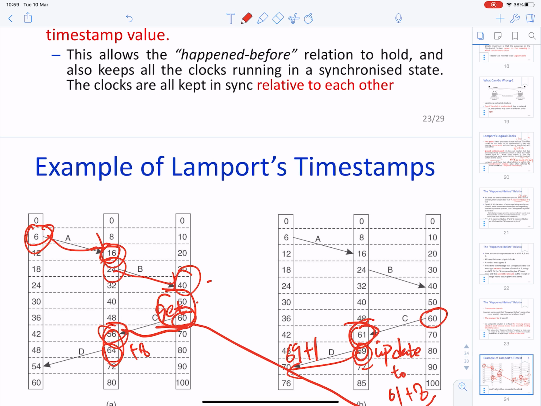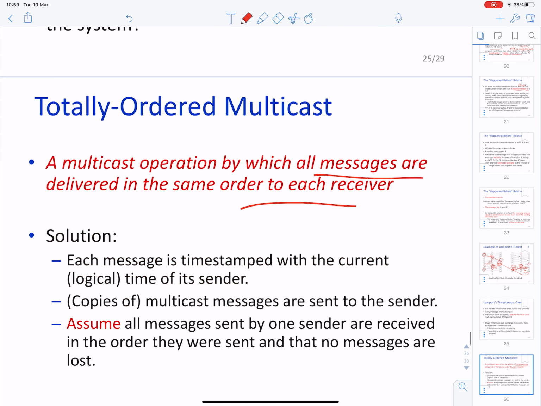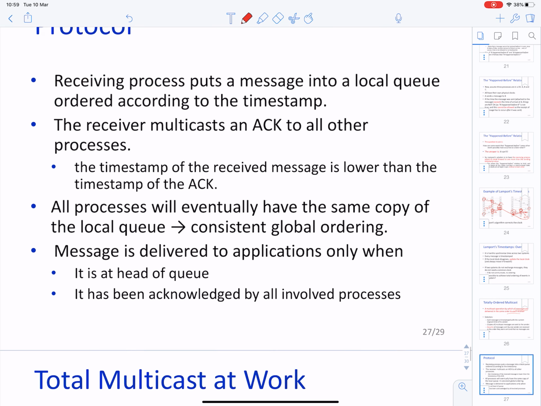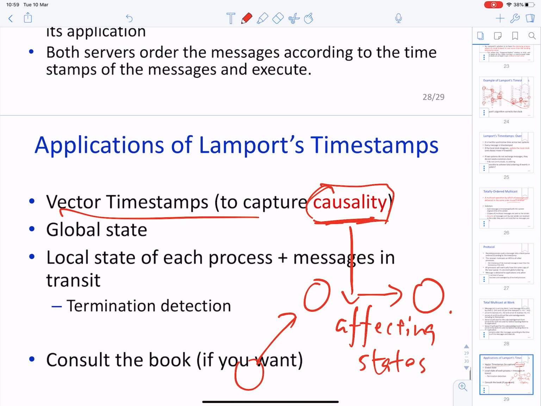Then from here we are going to add 8, so this is 69, and we put it here. That is 69 plus 1, since the original value is less than 64, and so forth.